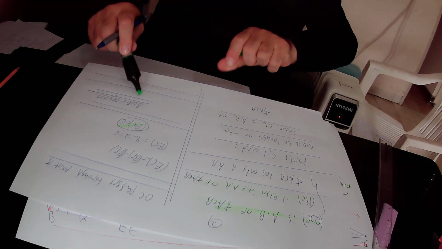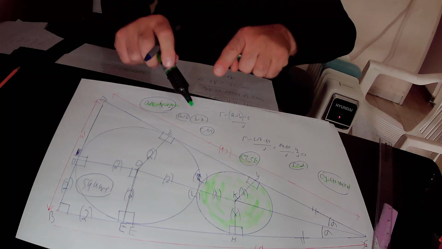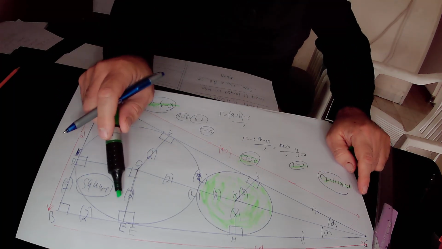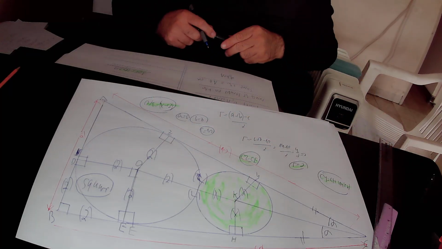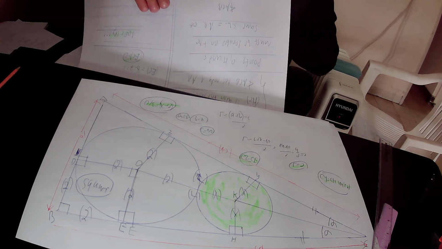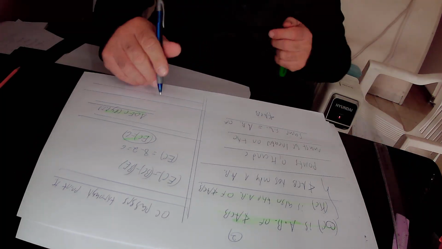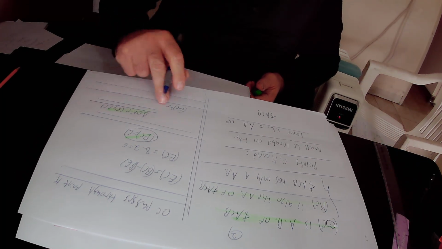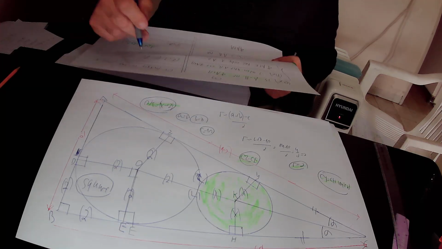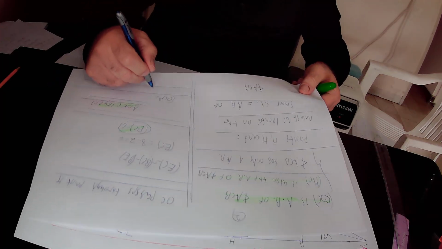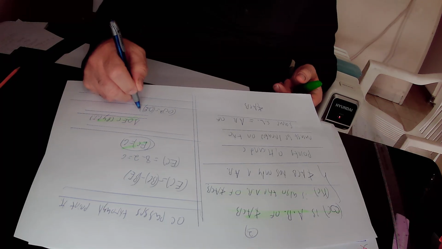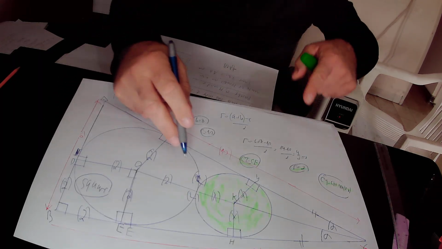So in the right triangle OEC, according to the Pythagoras theorem, OC squared, that is the square of the hypotenuse, equals OE squared plus EC squared.